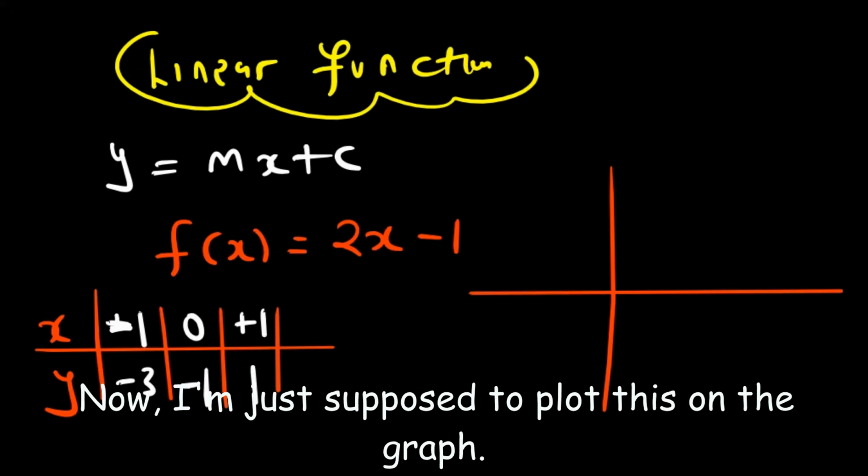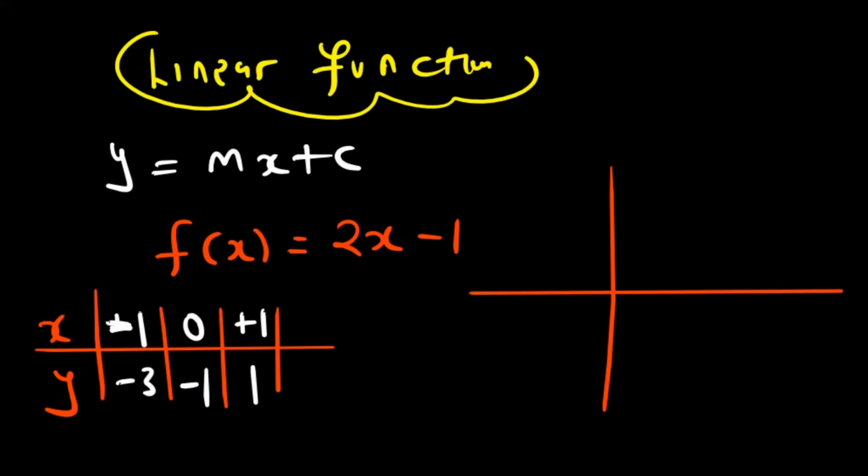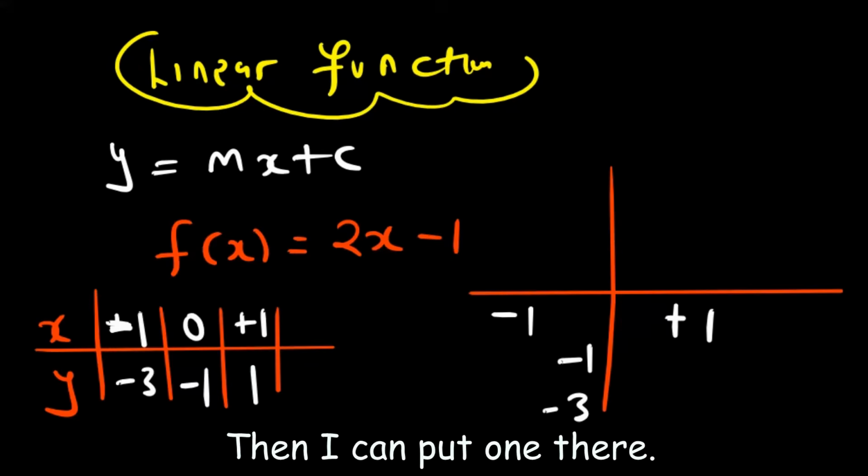Now this is what I have. Now I'm just supposed to plot this on the graph. So for x, I've got -1, I also have 0, then I have +1 there. Then for y, I've got -3, -1 and 1.